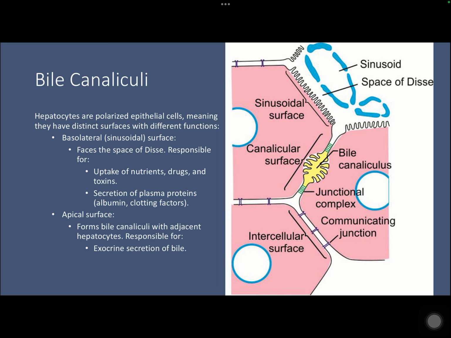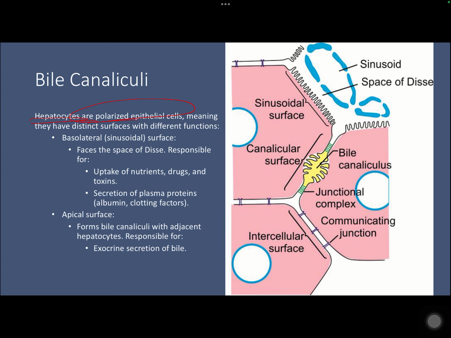Now, as I mentioned earlier, hepatocytes have the space of Disse on one side. If we look at the hepatocyte, it is known as a polarized epithelial cell. Polarized epithelial cell means that it has distinct surfaces with distinct functions. One surface has one function, another surface has another function.